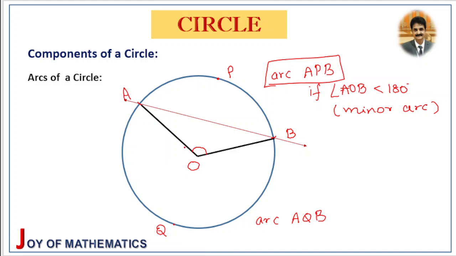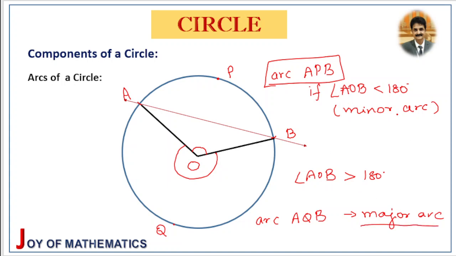In the same way, if I take the angle AOB on the other side, this is known as the reflex angle of AOB, which is greater than 180 degrees. So if the angle is greater than 180 degrees, then this arc AQB is said to be a major arc. So we have two kinds of arcs, minor arc and major arc.